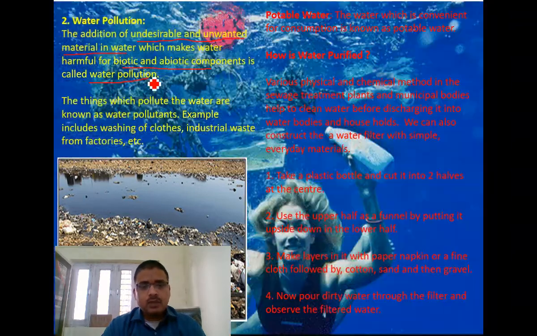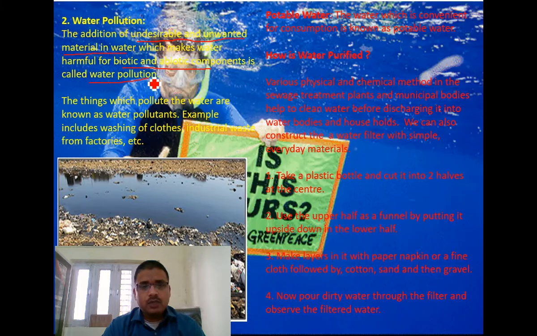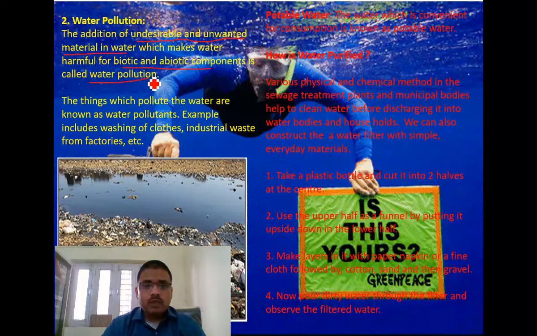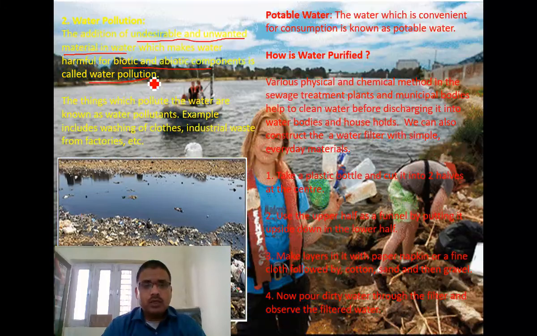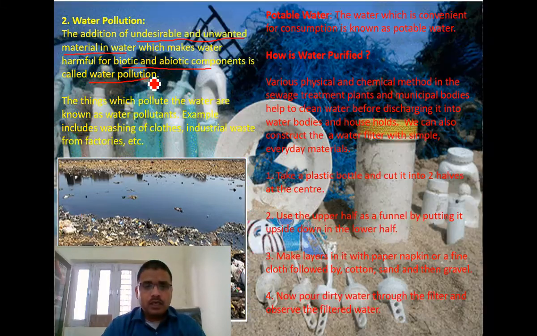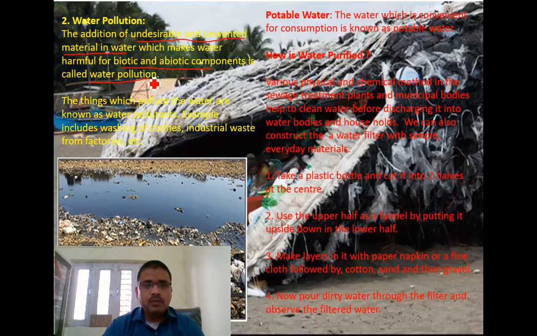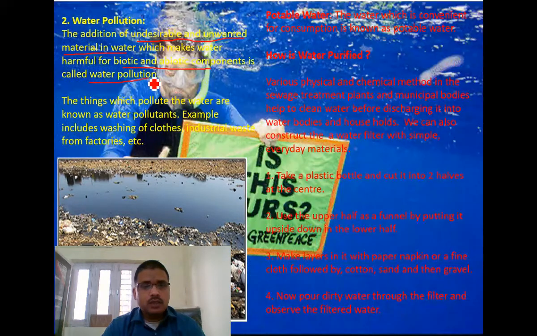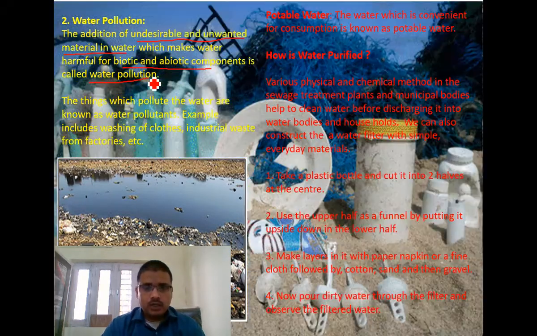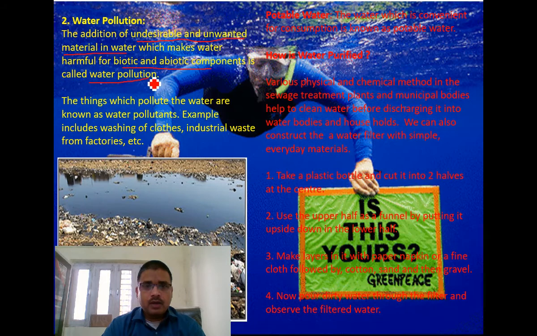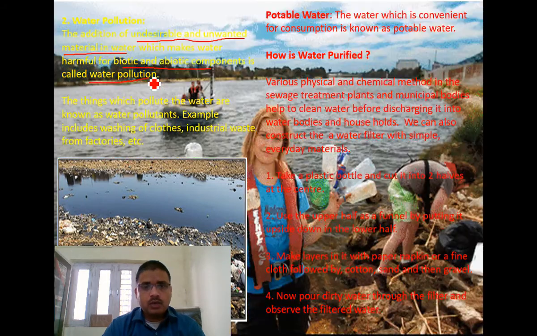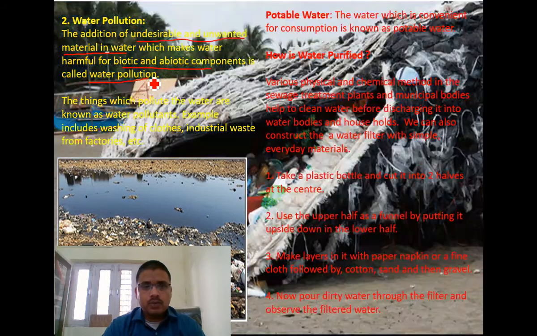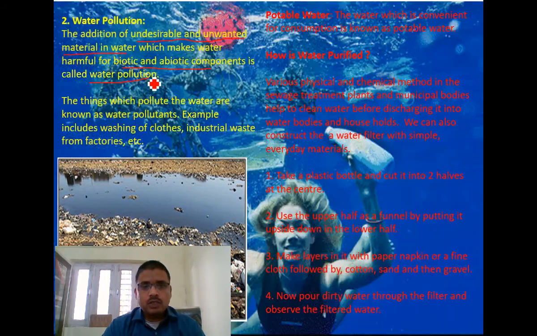That's why the materials by which water gets polluted are called water pollutants. Examples given here include washing of clothes and industrial waste from the factories. These are the substances, or materials, by which the water gets polluted, and they are called water pollutants.